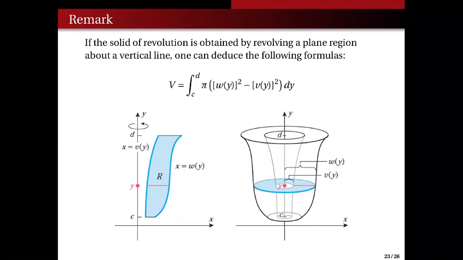But keep in mind, for the washer, bigger radius squared minus smaller radius squared. Okay? For the disk, there's only one radius, so it's totally fine. But you have to know what the actual radius is.